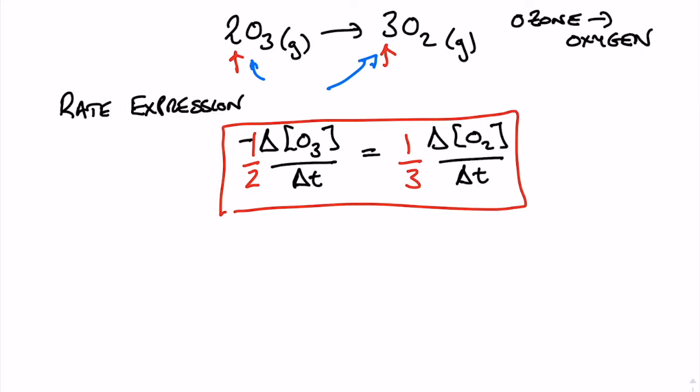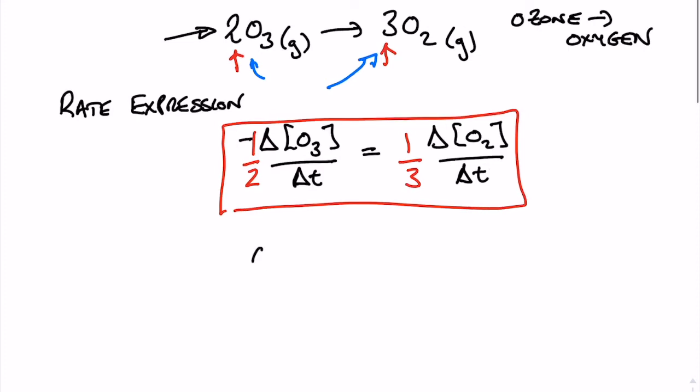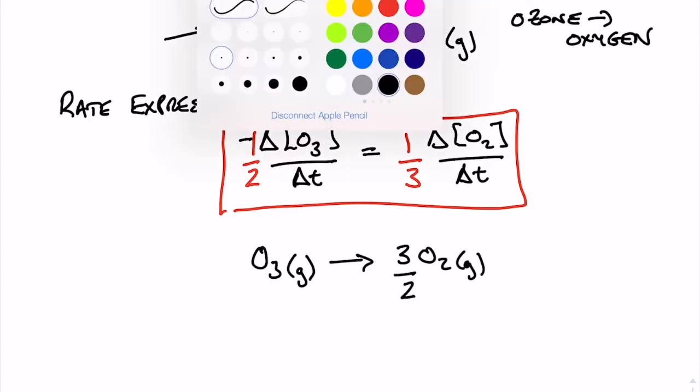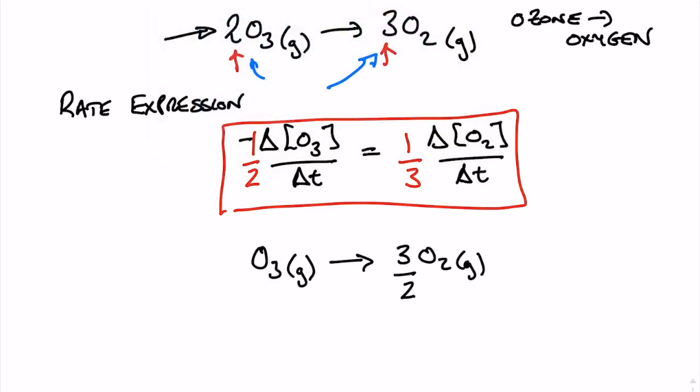What we could do is look at this initial balanced chemical equation, and instead of thinking of 2 molecules of ozone going to 3 molecules of oxygen, we could try and rewrite this expression by saying if you just had 1 mole of ozone gas, which would produce 3 moles of oxygen gas, divided by 2, and this 2 of course came from this value over here.